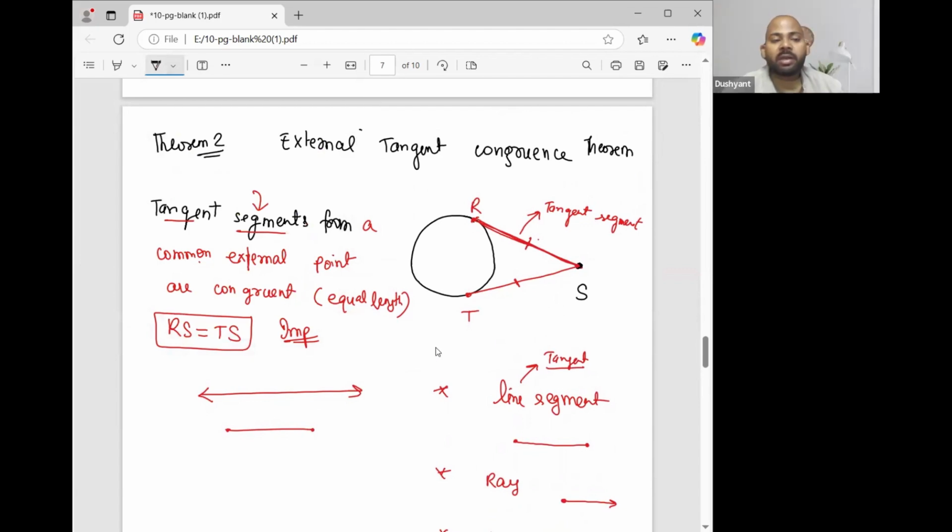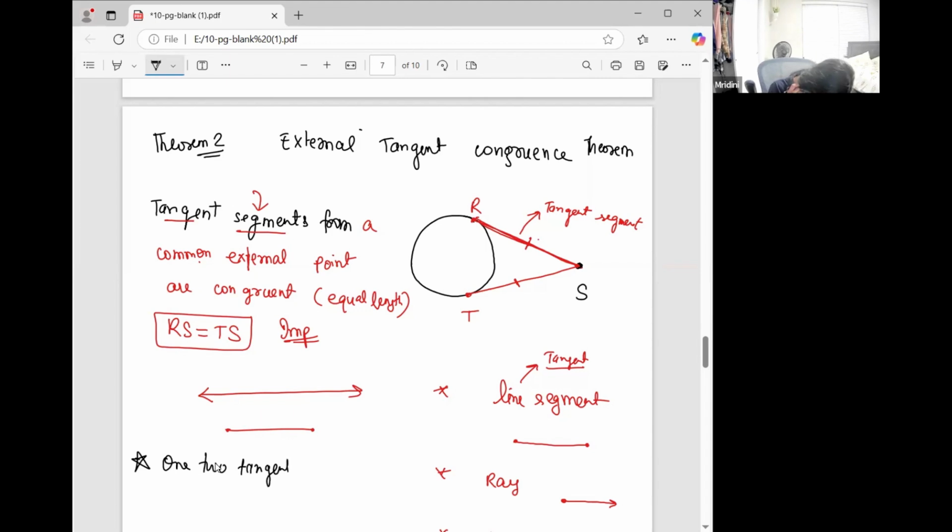So how many tangents can we make from a single exterior point? How many tangents can you make from a single exterior point or external point? Two tangents. Yes. Only two tangents can be made from an external point.